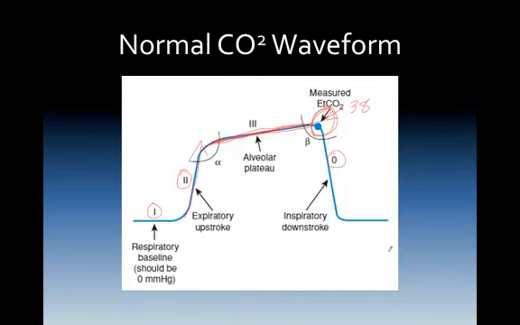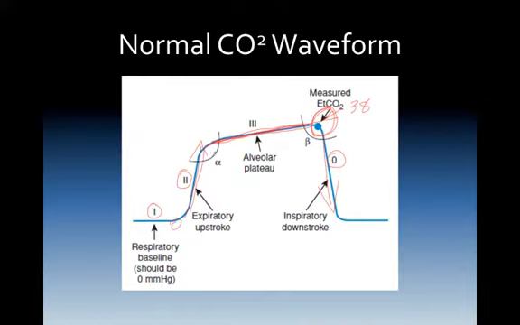A sharp fall reflects the inhalation of gases that are CO2 free or have a higher concentration of oxygen in them. So as we start inhaling, we see all of the CO2 sampling that we're looking at kind of go away. So this is our inspiratory downstroke right here. So again, baseline, this should be 0.